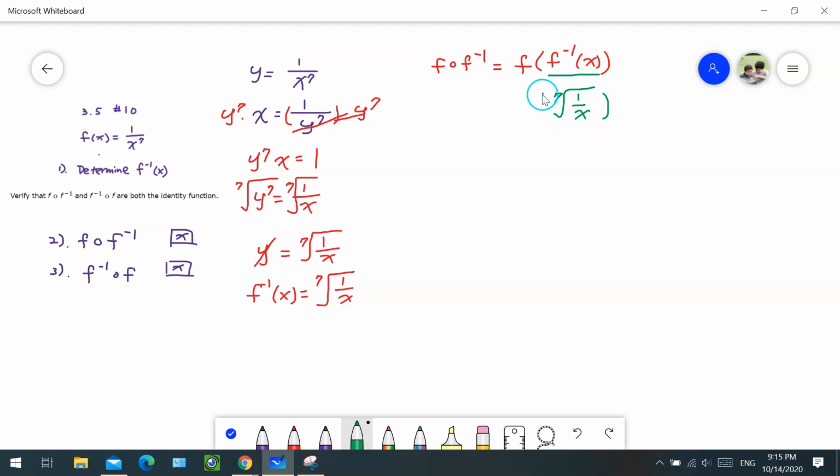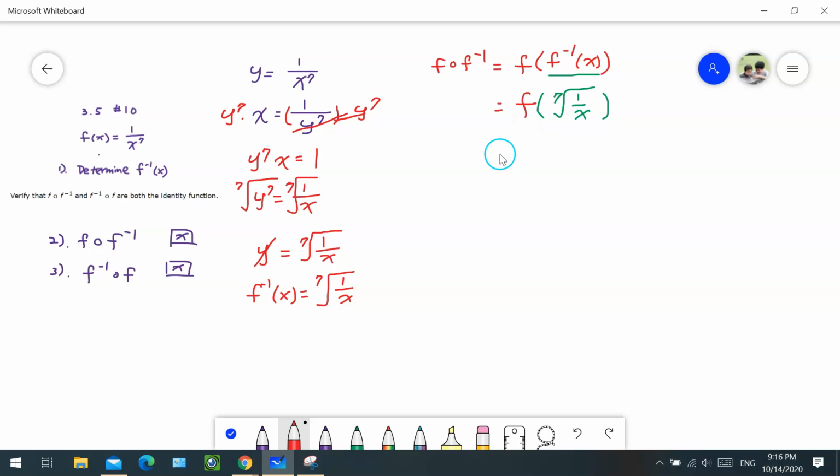So I close it. Your f function stays outside, right? So I'm going to keep the f outside here. After here, you only have a single function f. Your f inverse is no longer there because your f inverse has converted into the 7th root of 1 over x.